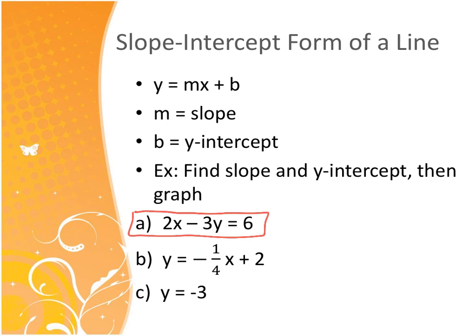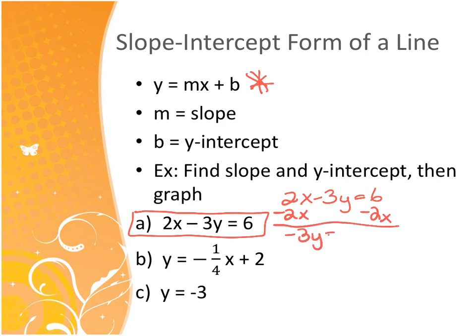So for the first one, example A, I need to get it into y equals mx plus b form so I can find the slope and the y-intercept. In order to do that, my goal here is to isolate y. So I'm going to subtract 2x from both sides, and I get negative 3y equals negative 2x plus 6.